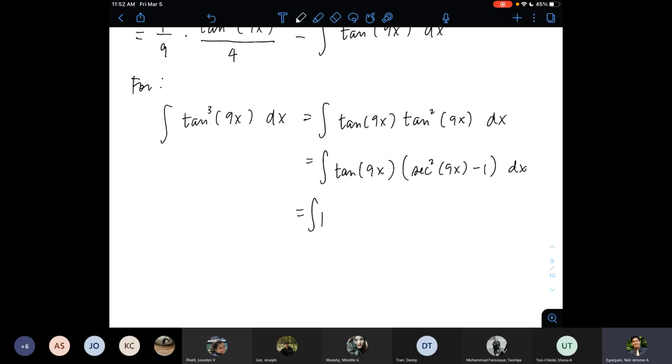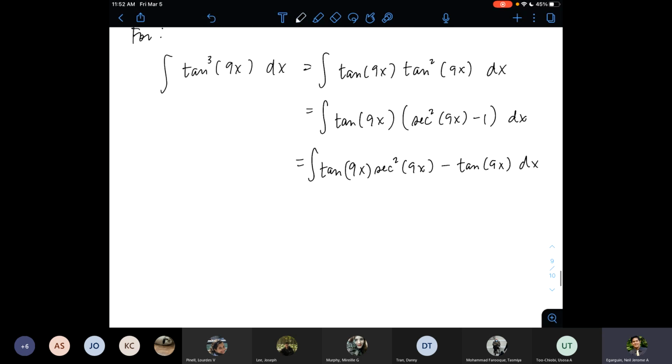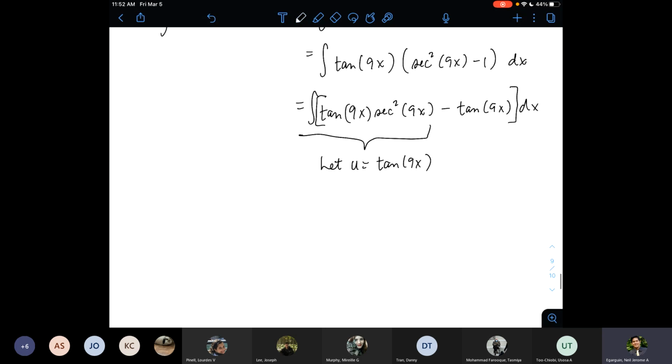So you'll have tangent 9x times secant squared 9x minus tangent 9x dx. Okay, so here you can let u, oops, I missed the grouping symbol, be equal to tangent 9x, as what we had before, though we had a higher power there. And then I guess you can evaluate that.